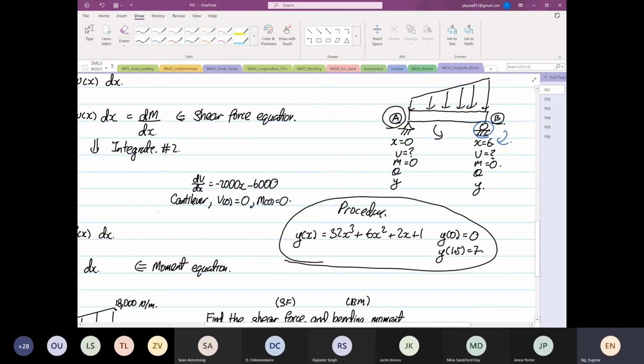This is cantilever. Simply supported, it changes, right? When the moment at 0 is 0, and when the moment at a distance 6 is what? 0. That is why math is a language, yes or no?